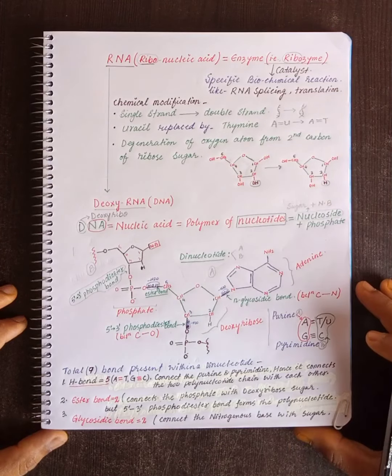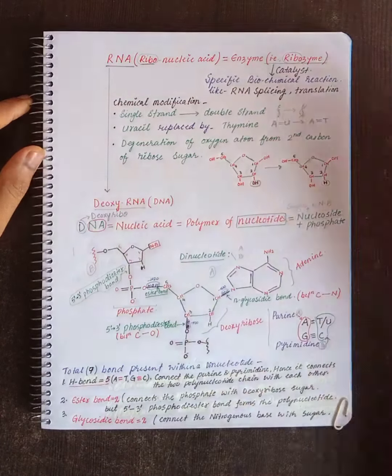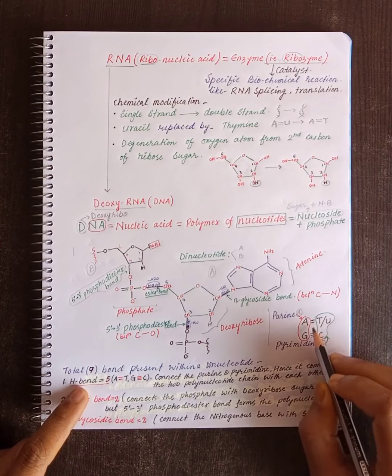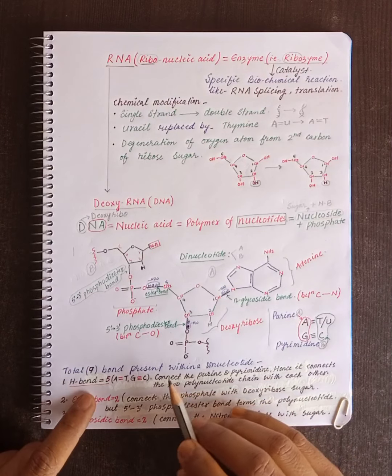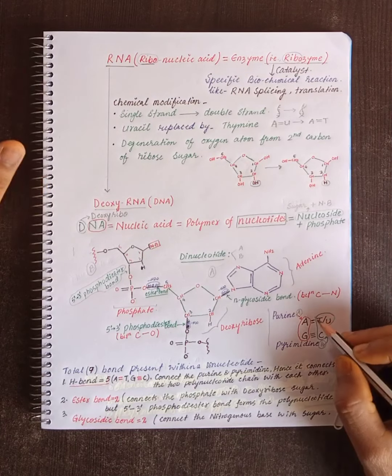Now finally, we will discuss the total possible bonds that can be formed within the dinucleotide. So here are the hydrogen bonds. In a dinucleotide, the total possible hydrogen bonds can be 5.